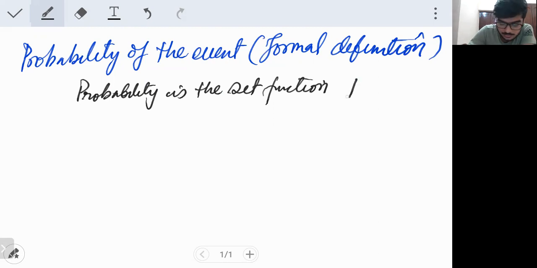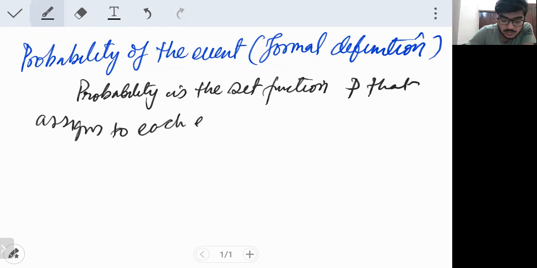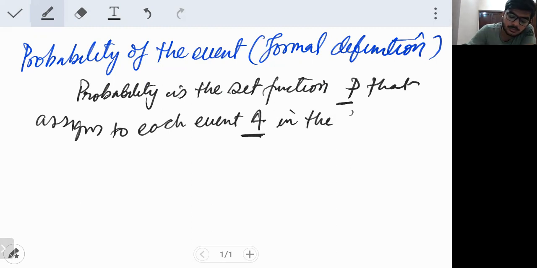Probability is a set function P that assigns to each event A, right? Let's say the event A, the function should be P. From where will the event be taken? From the sample space S.